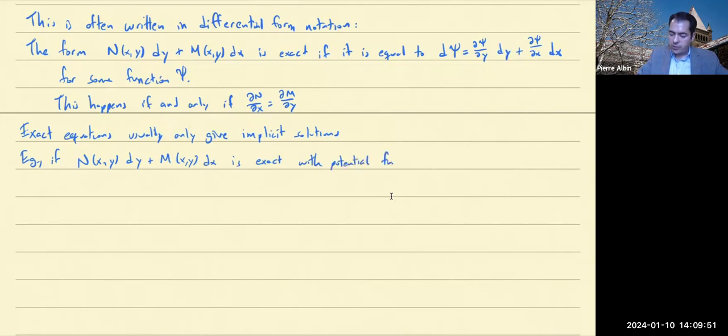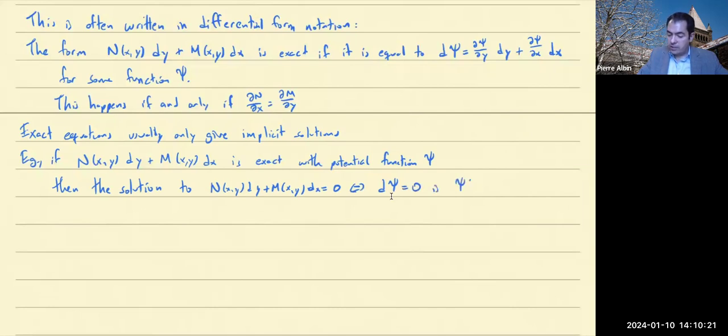with potential function psi, then the solution to n of xy dy plus m of xy dx equals 0 is, well, that's the same equation as d psi equal to 0.